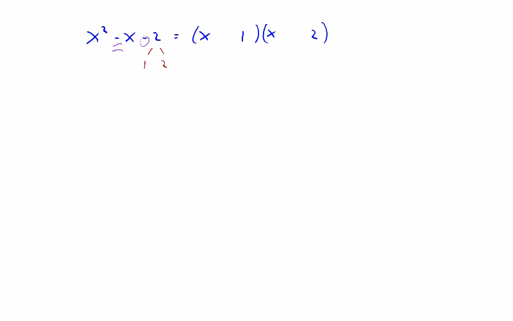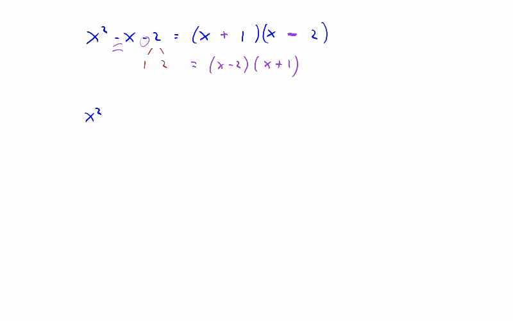And the only way we can make that happen is to subtract 2 in the second factor and add 1 in the first factor. And by the way, you could have just as easily started this by reversing the order. That would be the same factoring of the original expression. Let's go to another example.